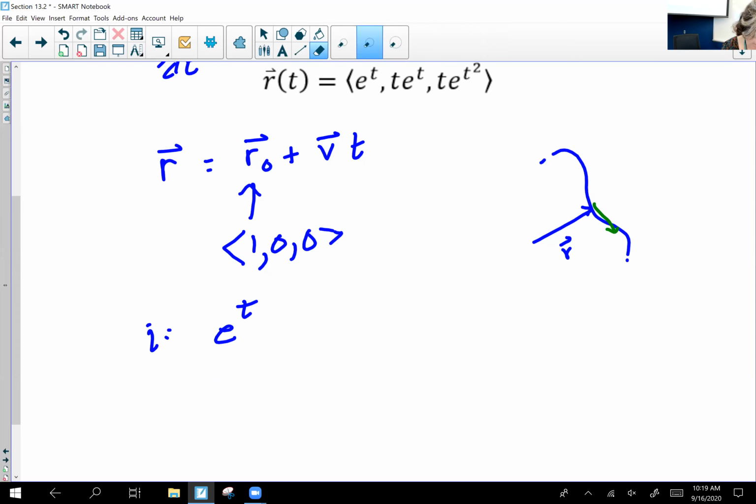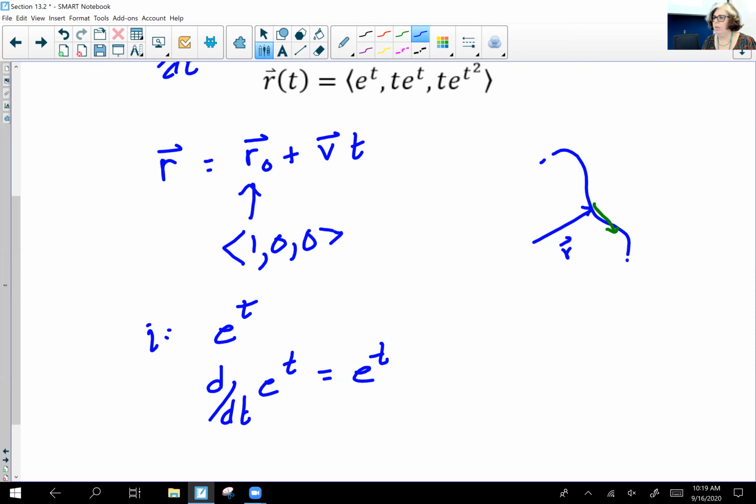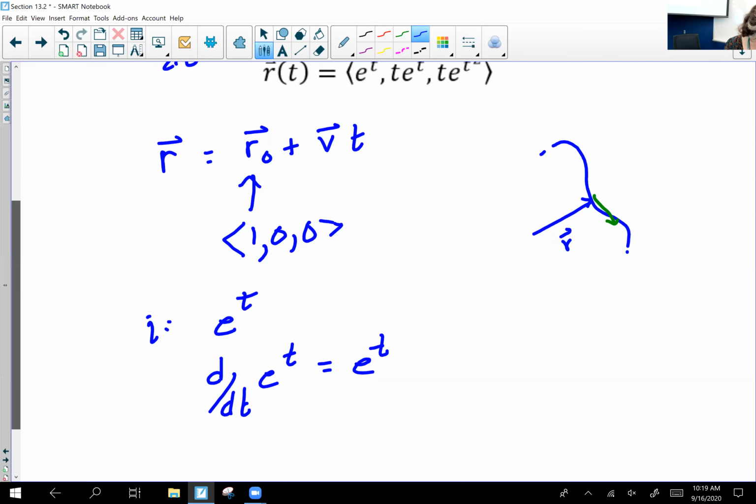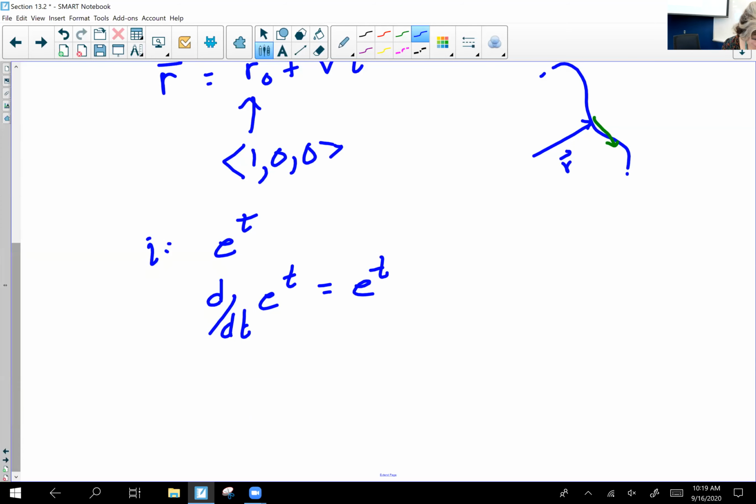That's coming. What's going to come back from this is just e raised to the t. The second one is going to be a little bit more interesting. This would then be our j component. So our j component is t e to the t.